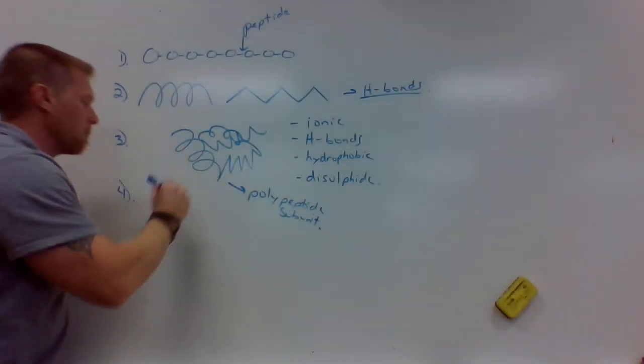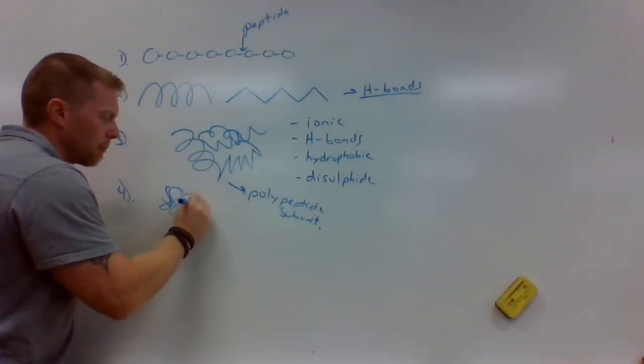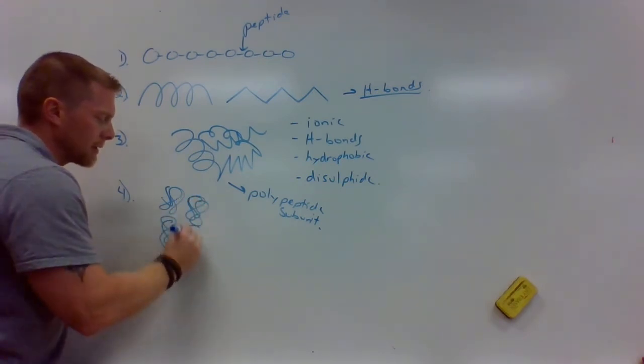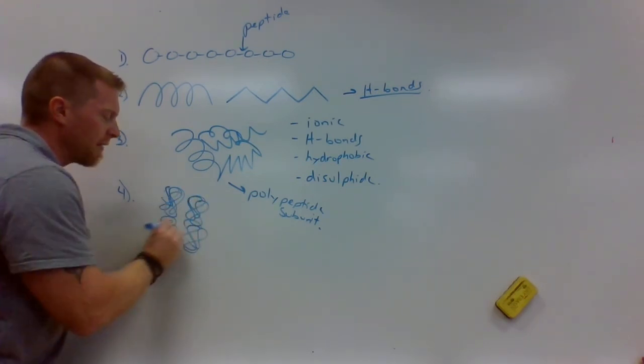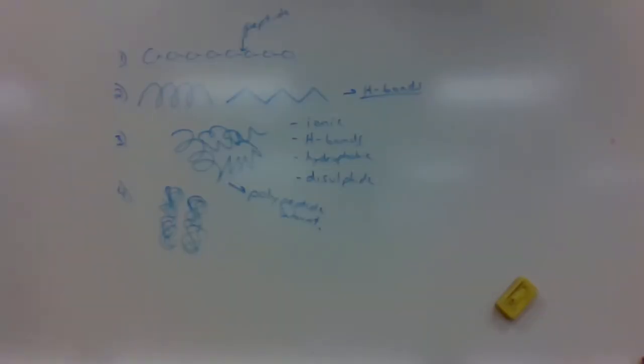You're going to put multiple polypeptides together. And once you have multiple polypeptides together, now you have your finalized protein. Some proteins have 2 polypeptide subunits. We call them dimers. Some, like collagen, have 3. Some, like hemoglobin, have 4. Different proteins have differing numbers of polypeptide subunits.